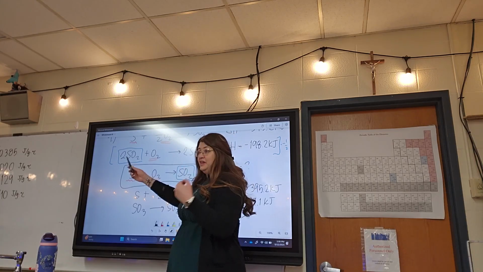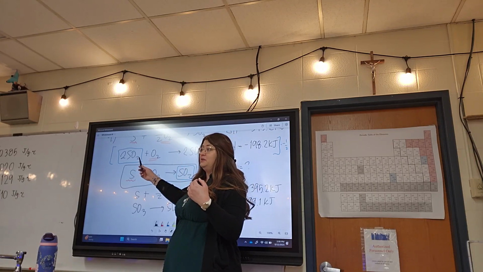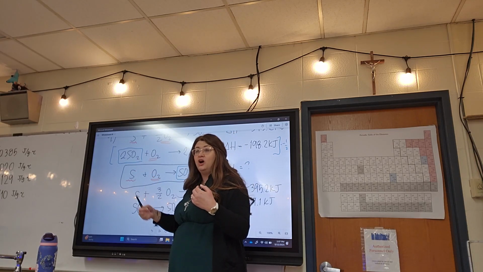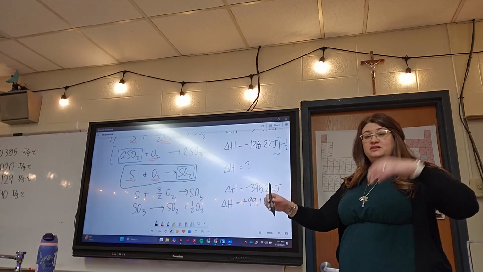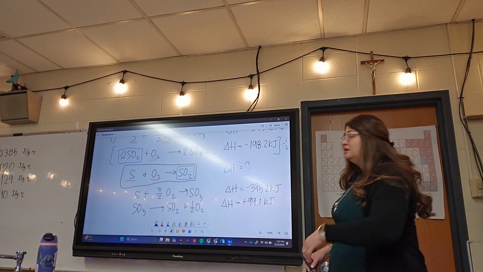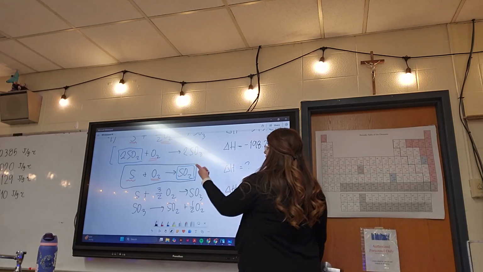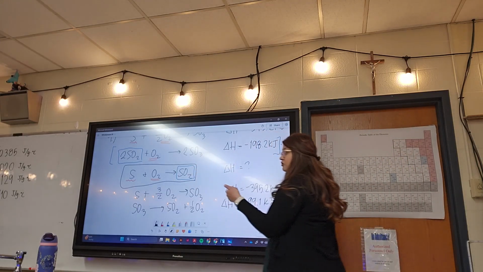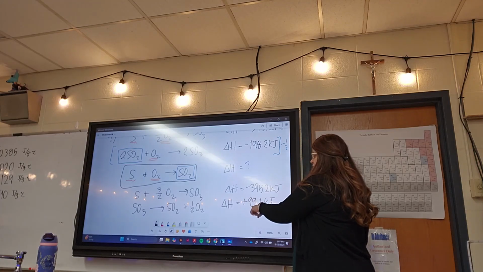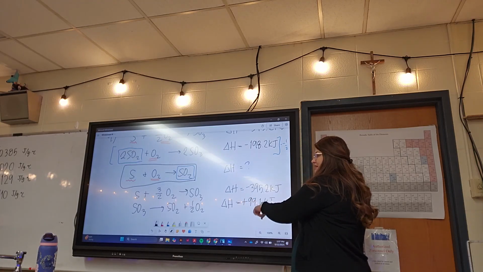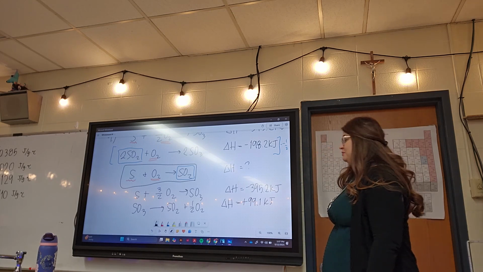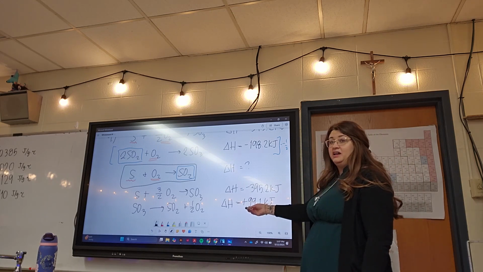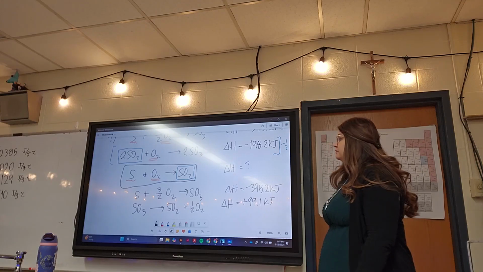The reverse of that, though, is your phone needs to be charged. You need to plug it into the wall. That is adding energy from the surroundings to your system. That's a positive sign. And so when you flip the reaction, it means that you flip how the energy works, and the sign of your new enthalpy needs to reflect that. So this would be like plugging your phone in because energy has to be added from the surroundings.